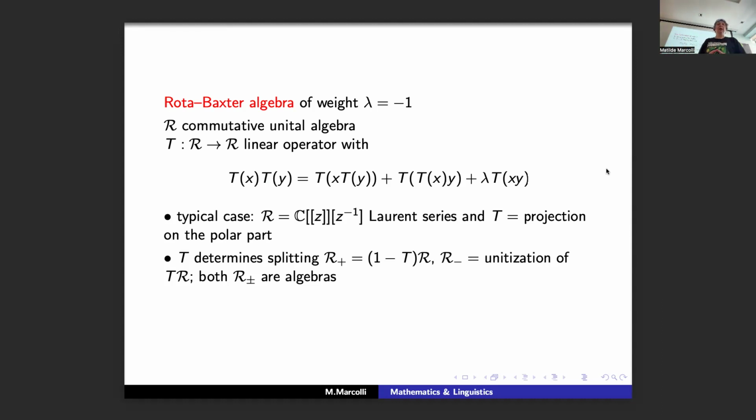Of course, it's easy to see that if I take a series and separate it into the part that only contains negative powers of z and the part that only contains non-negative powers of z, this operation is not compatible with taking the product of series.